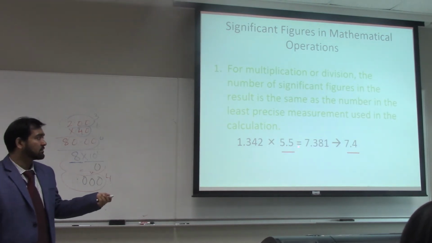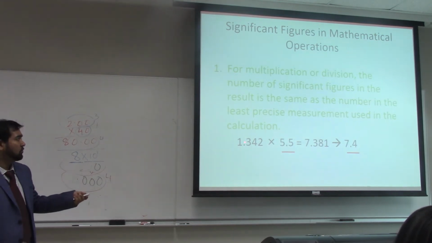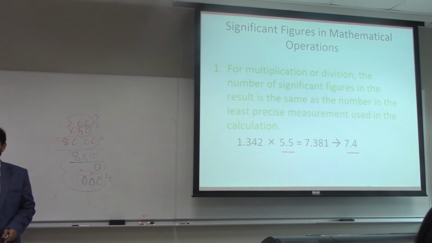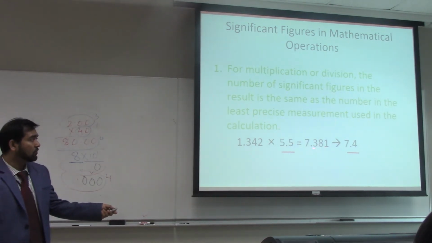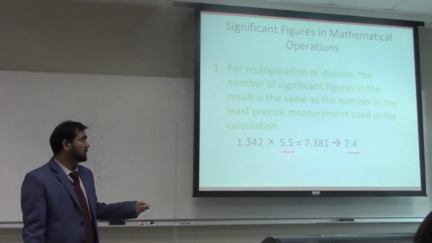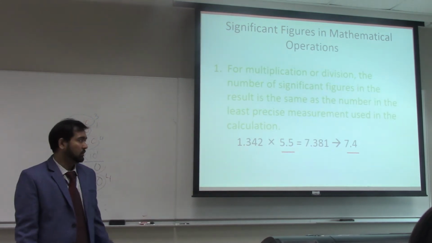You multiply, so how many sig figs does the answer have? Which one is the minimum? 2. That would be in your answer. So you got the answer from the calculator with 4 sig figs. You cannot keep it. You have to keep only 2 sig figs. That is 7.4. You're cutting off here.